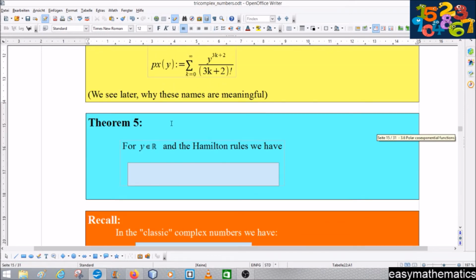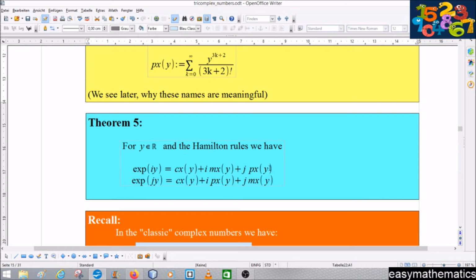Theorem 5. For real y and the Hamilton rules, we have the exponential of I times y, where I is from the tricomplex numbers, not from the complex numbers.